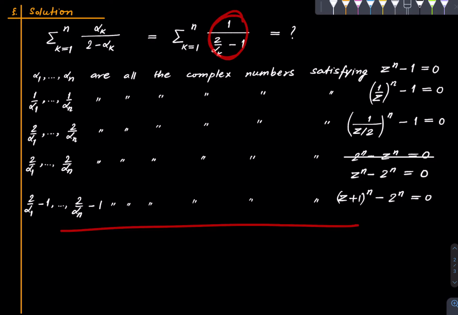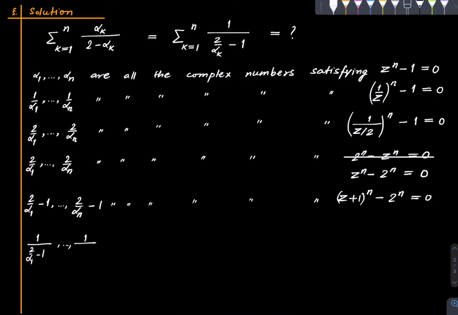Now finally we want to build that guy. So 1/(z/α₁ − 1), ..., 1/(z/αₙ − 1). I just inverted all of them, took the inverse of that, took the inverse of that. And same thing, are all the complex numbers satisfying which equation?